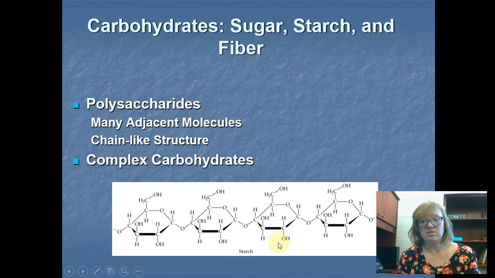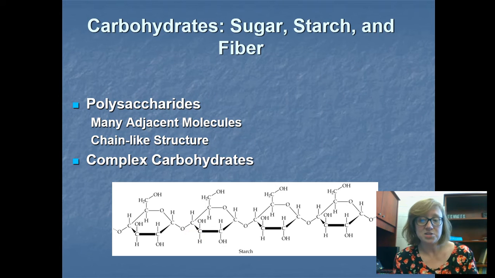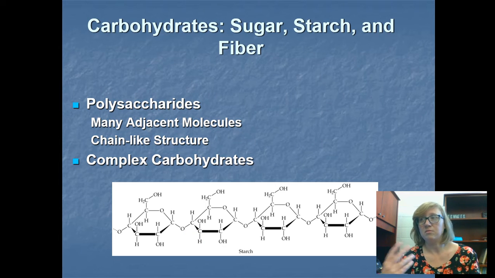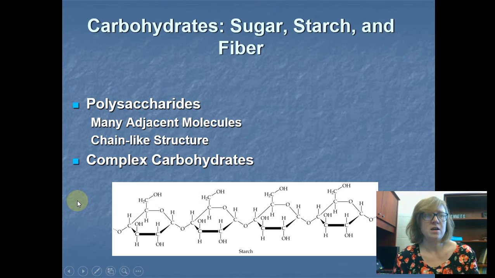It's very similar in structure to starch, but not exactly. We can digest starch, but we can't digest cellulose. We don't have the enzymes that can digest that. So a polysaccharide or a complex carbohydrate is just a bunch of these monosaccharides joined together. And those make things like starch, which you find in potatoes and bread and crackers.